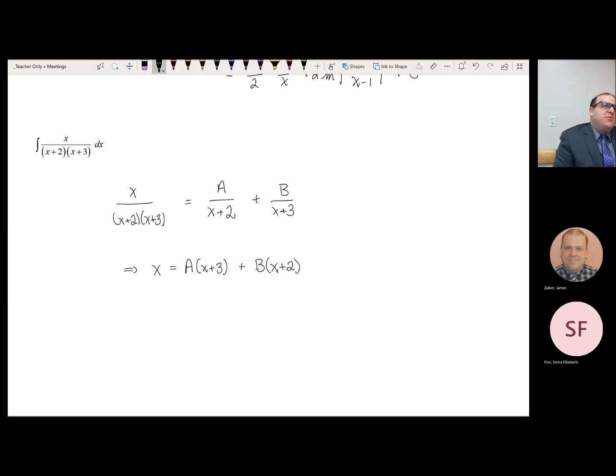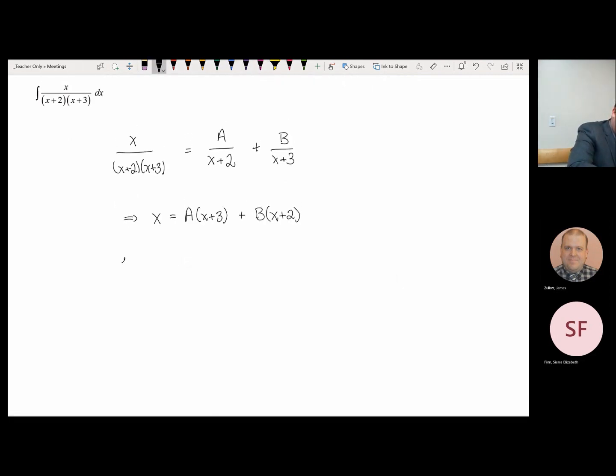Instead of doing coefficient comparison, I can do another technique. This equality has to be true for every single value of x. That means it has to be true if x is -2. That means A is -2.